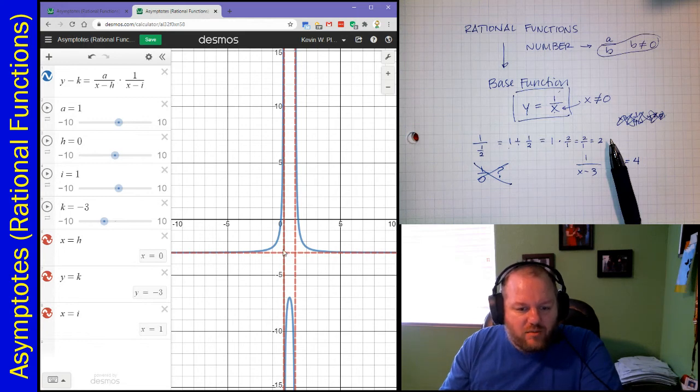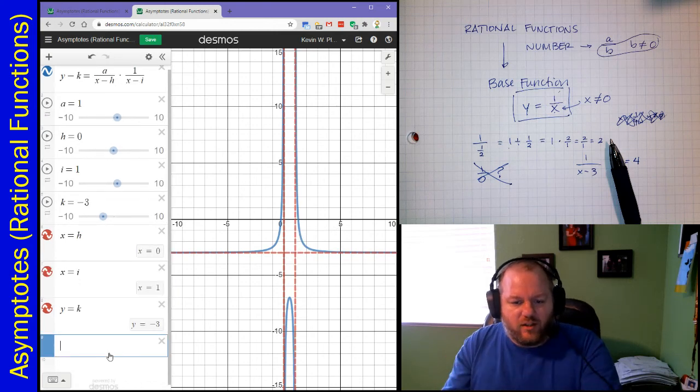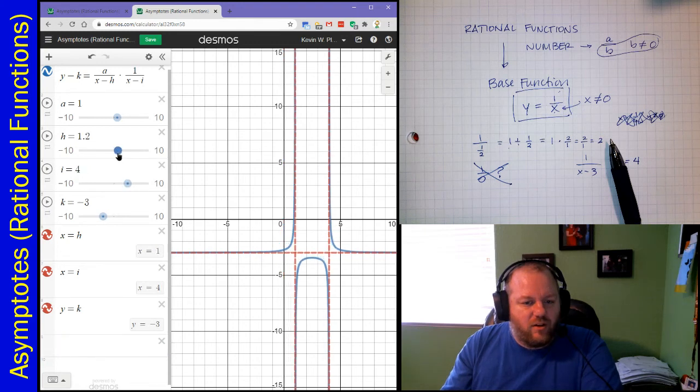I have an asymptote at x equals 0 and another at x equals 1. Sorry, I get a little excited about this. If I change these numbers, then that gets bigger and smaller.